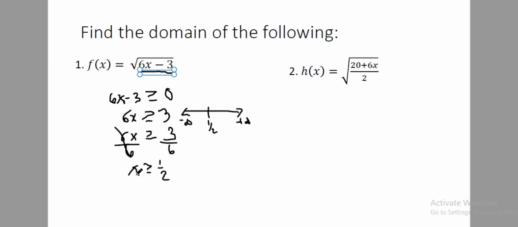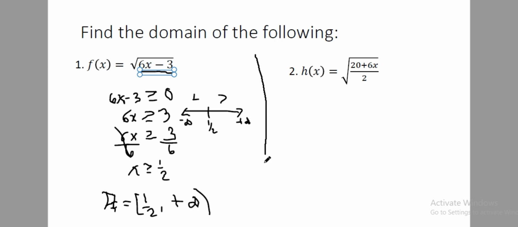The values of x are greater than 1/2. The values on this side are less than, so we need the values greater than 1/2, which are here. So the domain of our f is from 1/2 to positive infinity, because x is greater than or equal to 1/2.